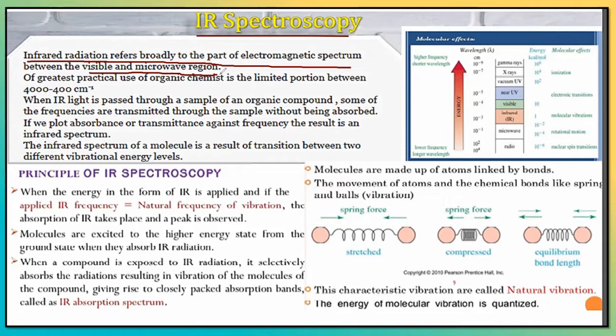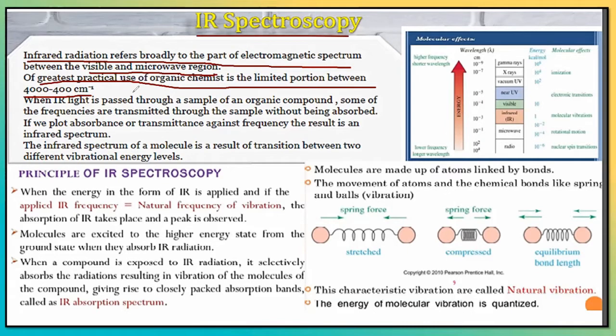Between microwave and visible we have the IR range, and it consists of three parts basically: the far IR, mid IR and the near IR region. Of greatest practical use in organic chemistry is the limited portion between 4000 and 400 centimeter inverse. It is a huge range starting from near IR to far IR, but we chemists basically use the region between 4000 and 400 centimeter inverse.